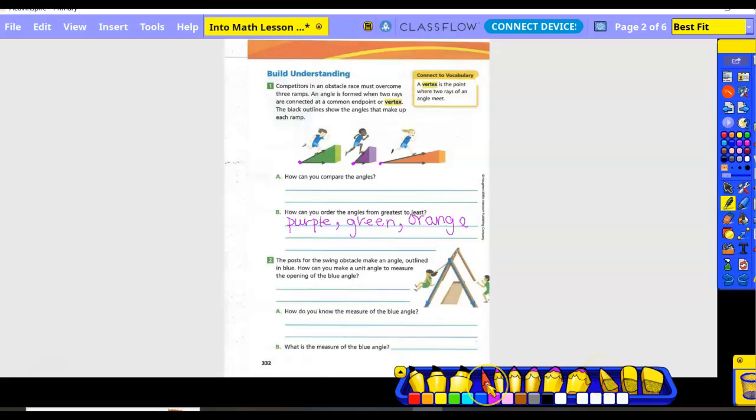Number 2, the posts for swing obstacles make an angle outlined in blue. How can you make a unit angle to measure the opening of the blue angle? Okay, so what could we do?